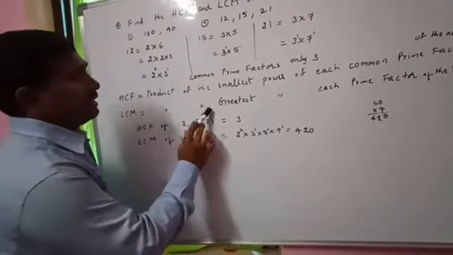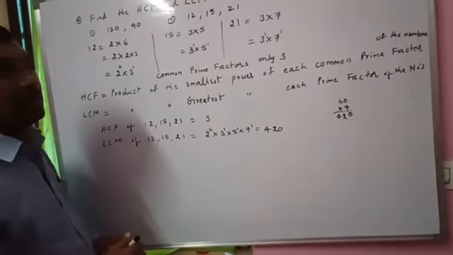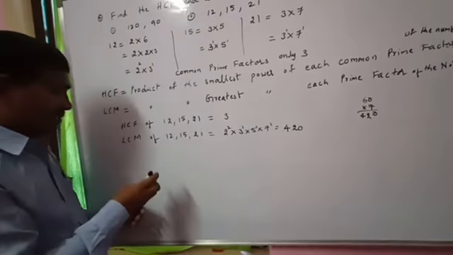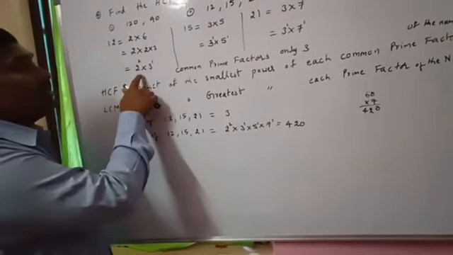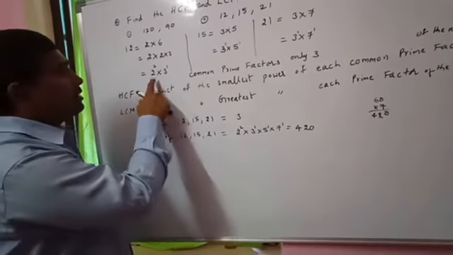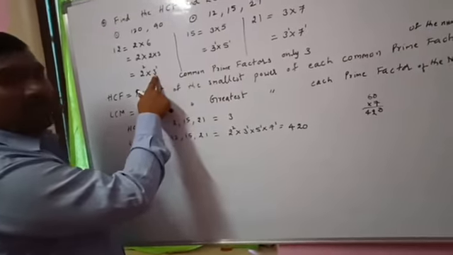LCM means the product of the greatest power of each prime factor, not only common ones. Each prime factor. So here 2 is a prime factor. What is the greatest power of 2? 2 square. In the others there is no factor 2. So 2 square. And 3 is a factor.